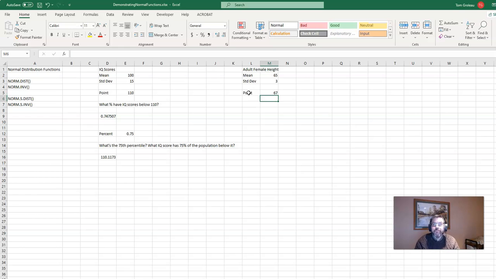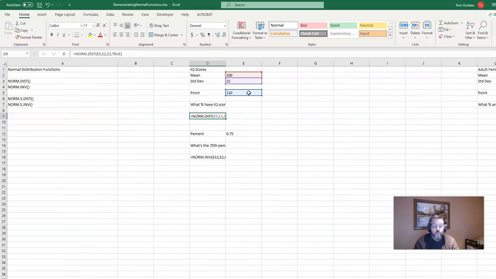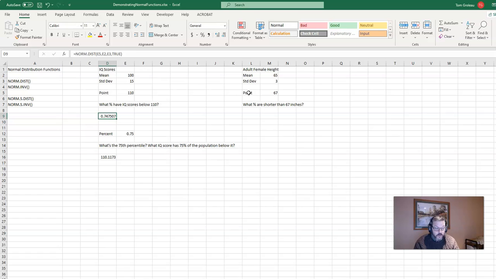We'll do 67. And say, what percent are shorter than 67 inches? Since all of these references are relative in this formula, I should be able to just copy that.